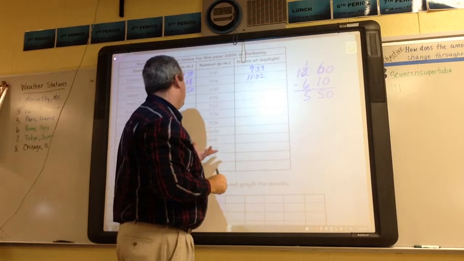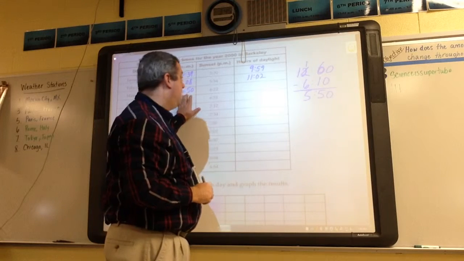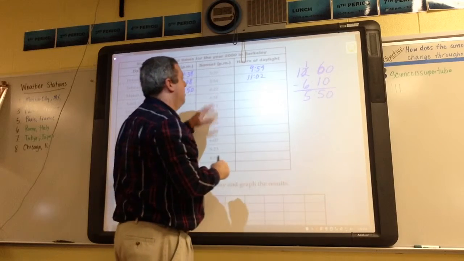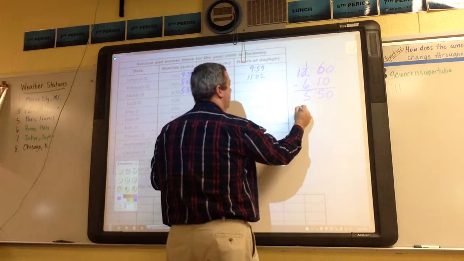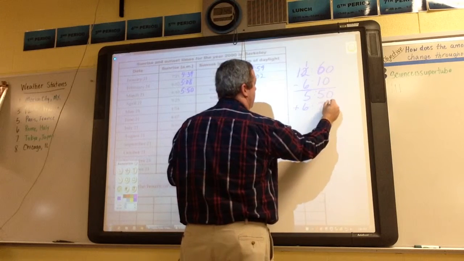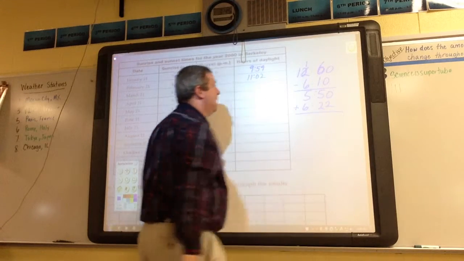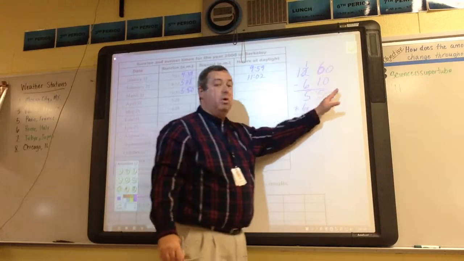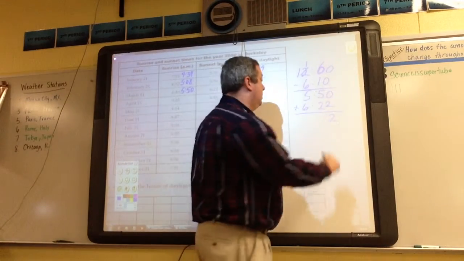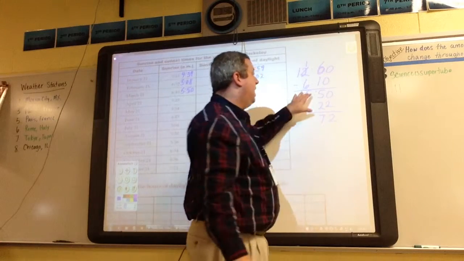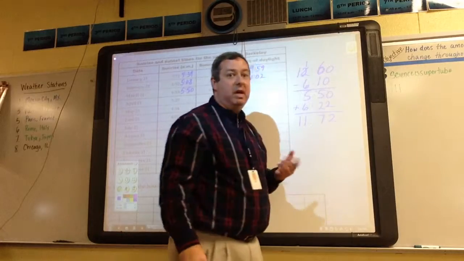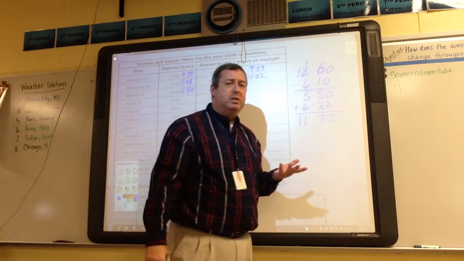Okay, now we need to add our AM amount of daylight and our PM amount of daylight. So we're going to add those together. That's 6 hours and 22 minutes of PM daylight. And we have 0 plus 2 equals 2, 5 plus 2 equals 7, and 5 plus 6 equals 11. 11 hours, 72 minutes. Sound reasonable?